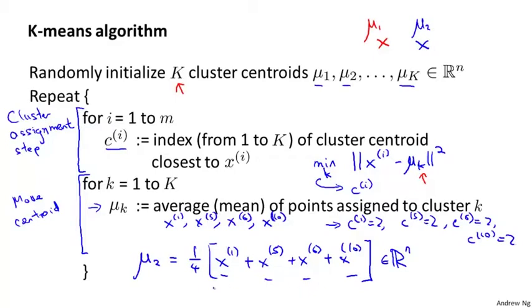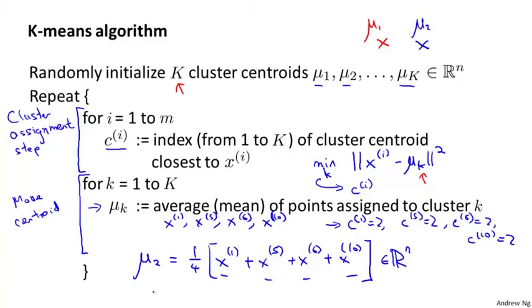When I add up these things and divide by 4, I end up with my move centroid step for cluster centroid mu2, and this has the effect of moving mu2 to be the average of those 4 points.